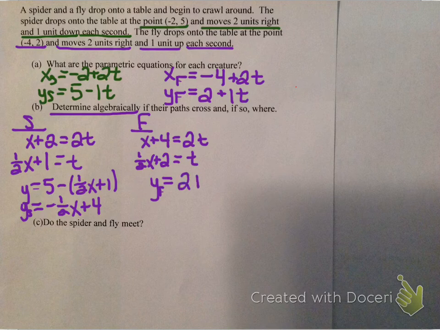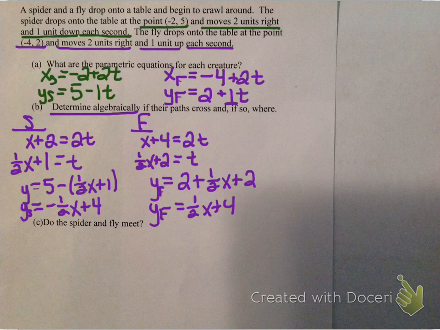I have 2 plus, and once again I don't have to write that 1, and then I put the t in, 1/2 x plus 2. And so the fly's Cartesian equation is 1/2 x plus 4. If I want to know if those two lines cross each other, I simply set them equal to each other. So -1/2 x plus 4 is equal to 1/2 x plus 4, and so x is equal to 0.